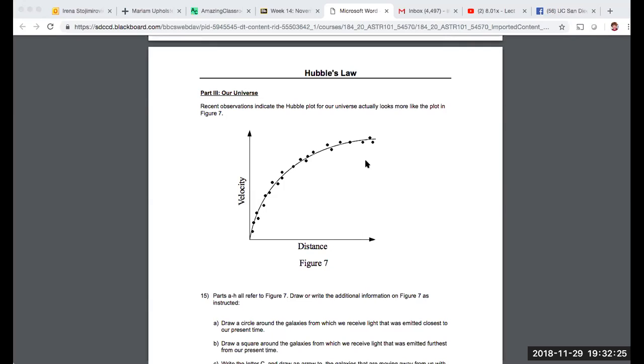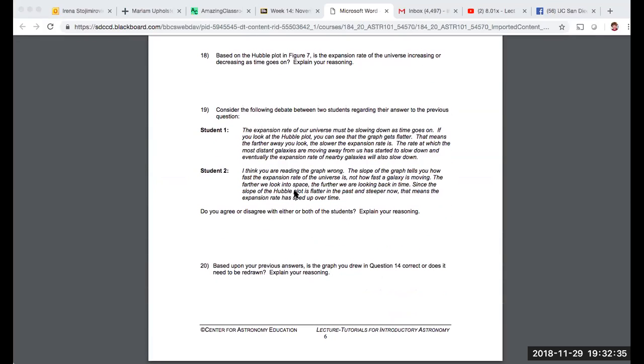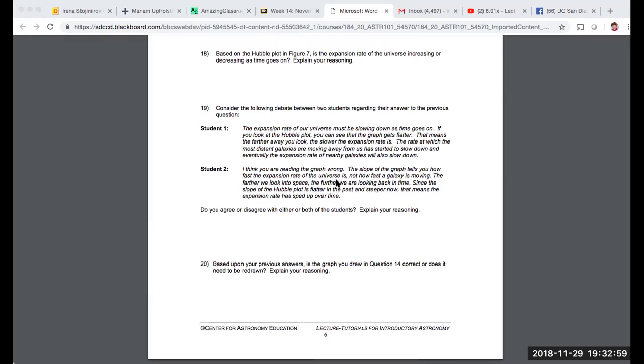The further out something is, the more light has traveled to reach us, the more back in time we are looking. So that student is not correct. How about the second student? Student 2 is correct because he's explaining the graph correctly. Yes, very good.